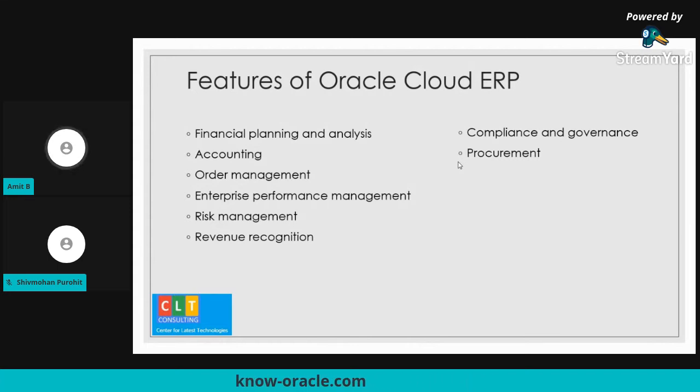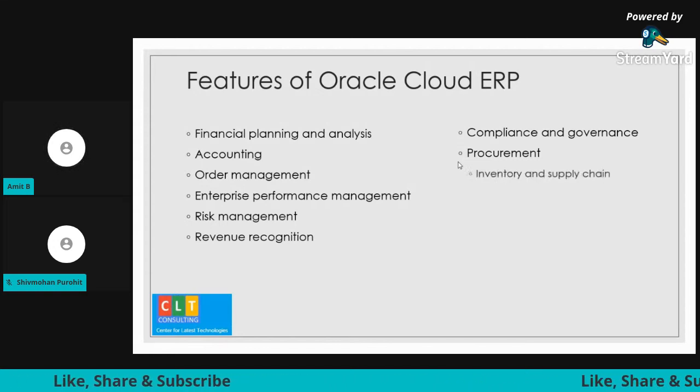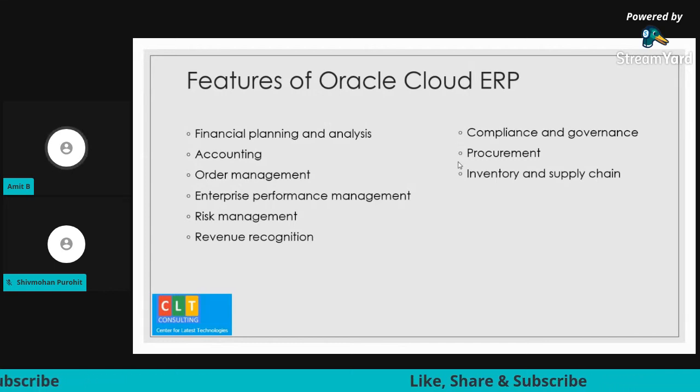Then, as we do the order management, we have procurement as well. So, if we are procuring something from the market, your cloud ERP caters to that functionality as well. All your supplier related information, all your purchase requisitions, and purchase order related information, you can have the approvals as well.